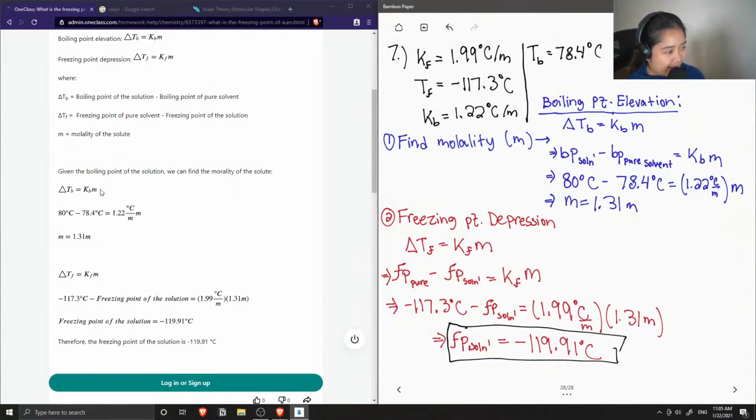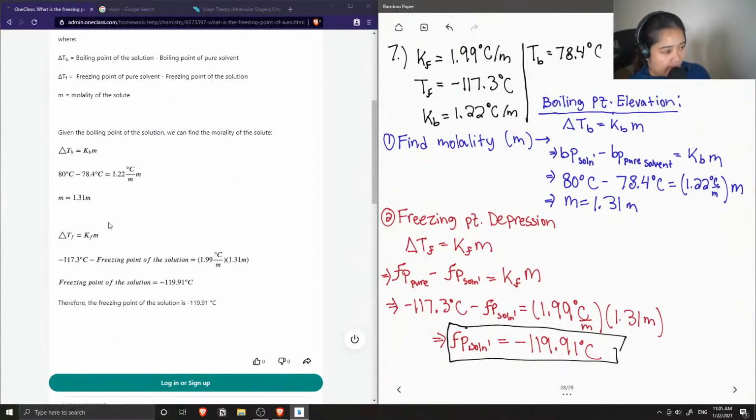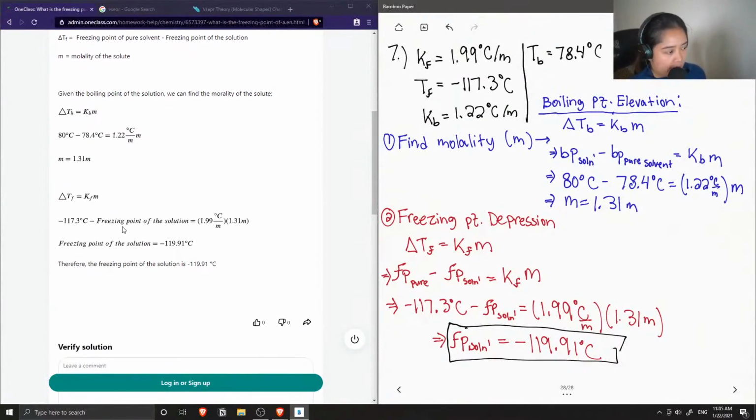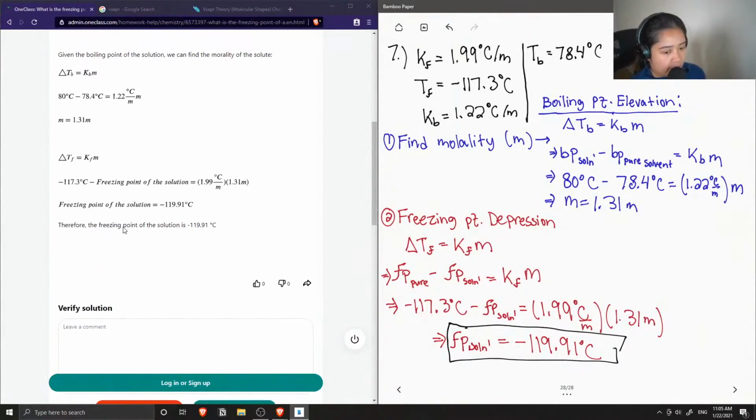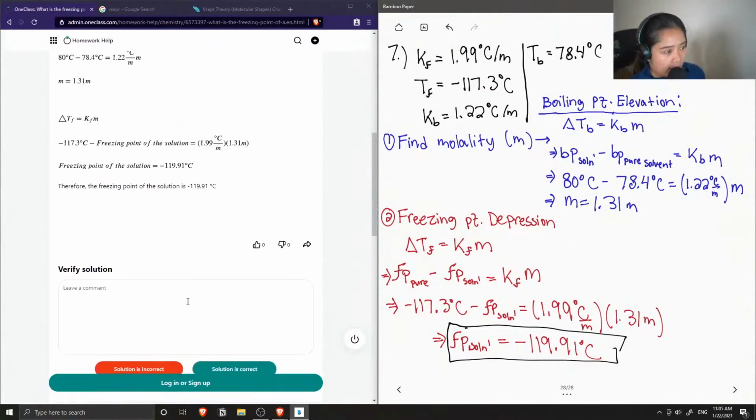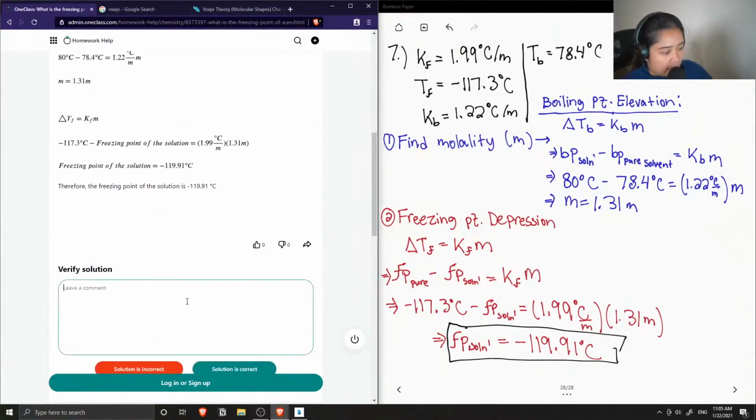And they got 1.31 meter. Molality. Now they use the freezing point depression equation to solve for the freezing point of solution, and also got negative 119.91 degrees Celsius. So this solution is correct.